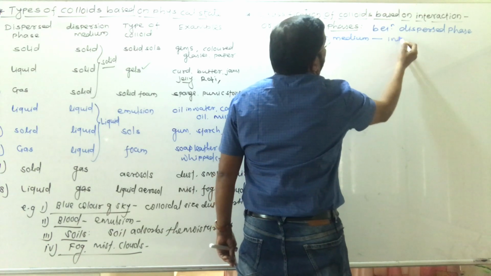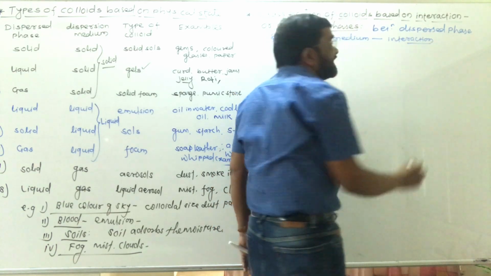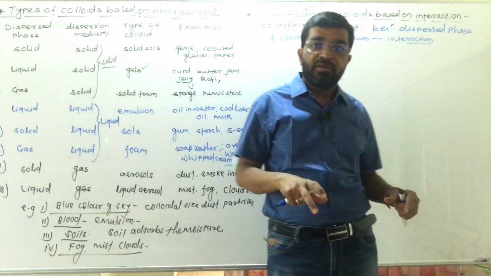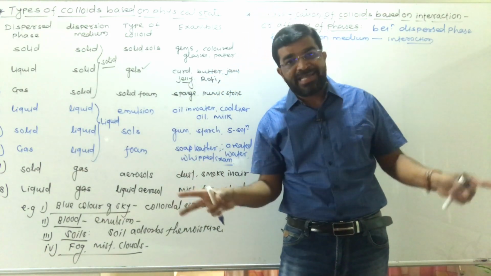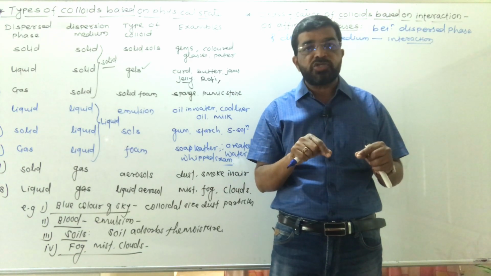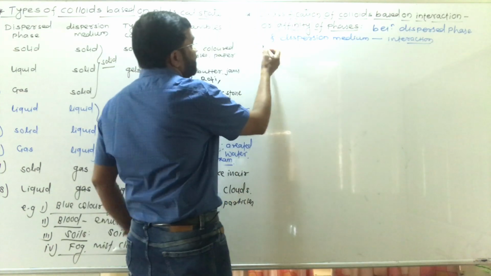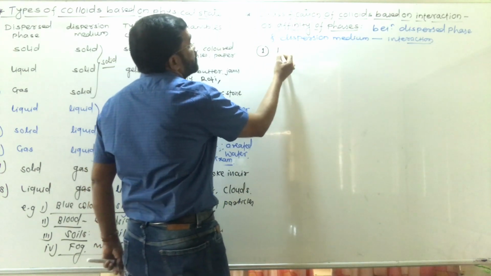What type of interaction is present? Whether the interaction is there, interaction is not there, or weak interaction is there, on that basis the colloidal solutions are of two types.